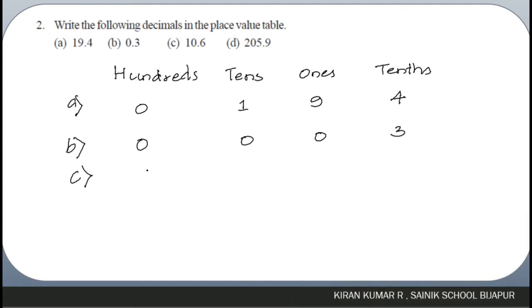In the third one, there are no hundreds, 1 is at tens place, there are no ones, and tenths place we have got 6. In the fourth one, there are 2 hundreds, no tens, 5 ones, and 9 tenths.